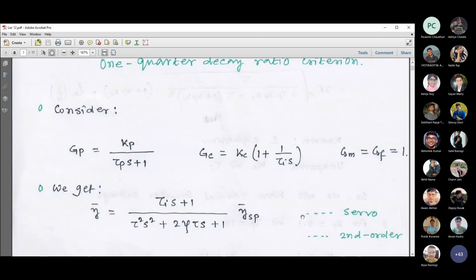Anyone got expression for tau and zeta? Siddhant, are you there?